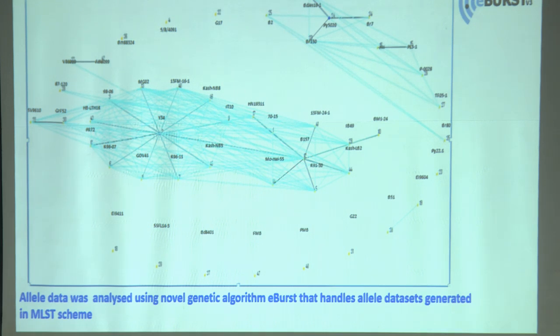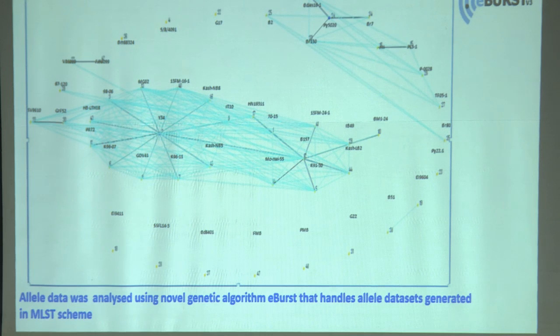And this image reveals how your population behaves. I already told you two isolates sharing all alleles are duplicates. They are clones.